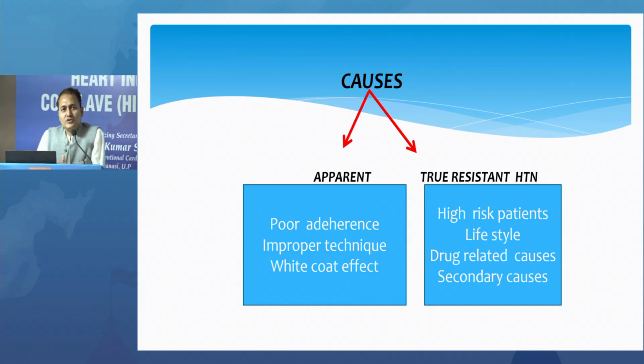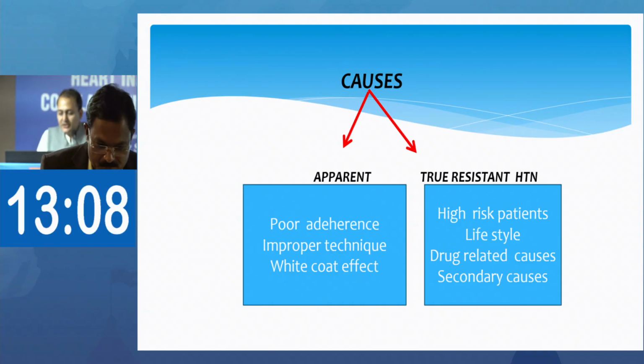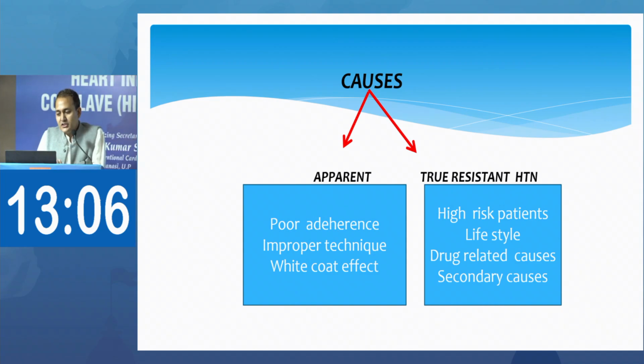That situation we call pseudo-resistant hypertension, and the common causes are poor drug adherence by the patient, and improper techniques of measurement like white coat hypertension, and many times other factors. And when we talk of truly resistant hypertension, there should be patients who are resistant despite lifestyle modification, and other causes might be related, like drug-related causes and secondary causes of hypertension.